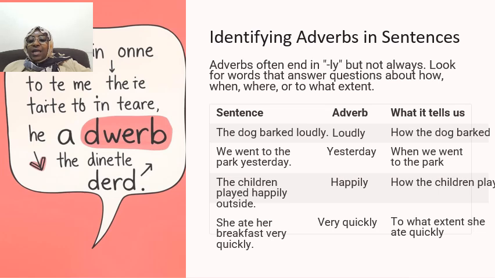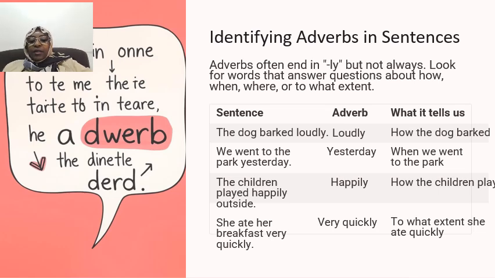Because it tells us how the dog barked. You see? Look at sentence number 2. We went to the park yesterday. So our adverb for this sentence is yesterday because it tells us when we went to the park.